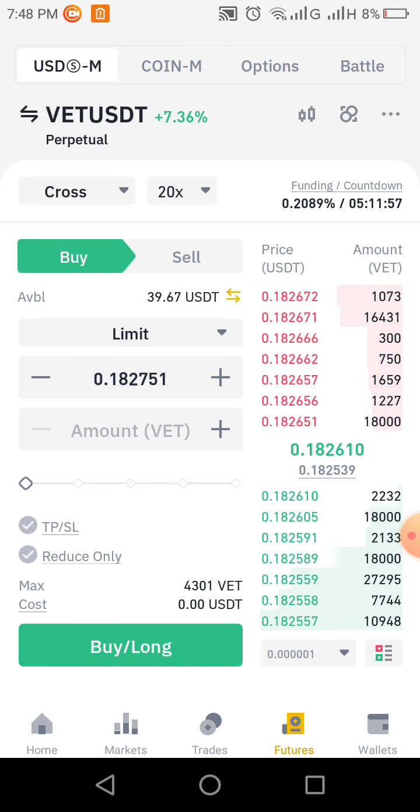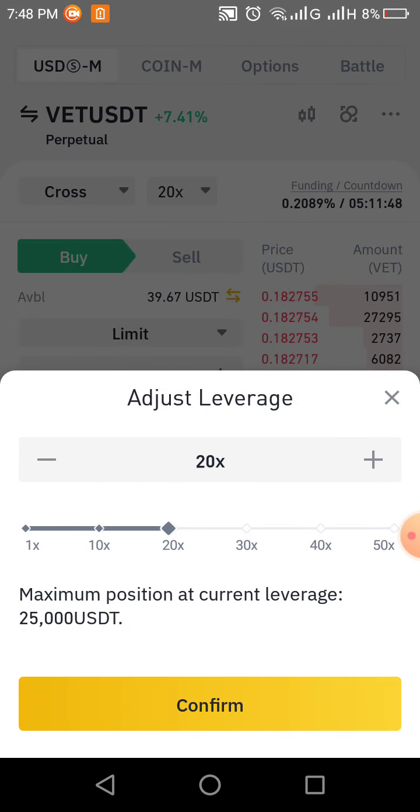So let me go quick. The next thing is the 20x button that is beside the cross at the top. 20x, that's the leverage, right? Your leverage is basically the size of the position that you want Binance to allow you to open. You're advised 10 to 20 leverage, fair enough.